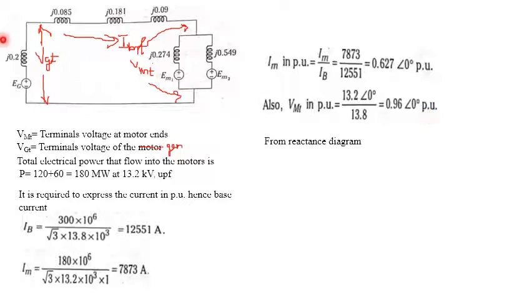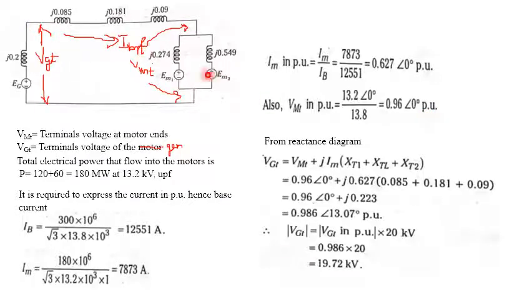So from the reactance diagram, what you can write here is VGT is equal to VMT plus the current times this drop plus this drop plus this drop. That's nothing but transformer T1, transmission line TL, and transformer T2. So what is VMT in per unit?